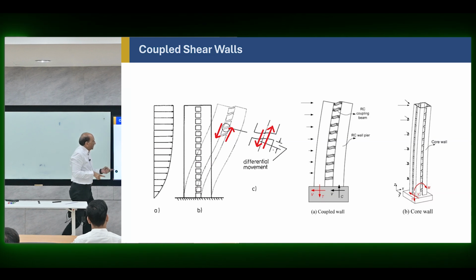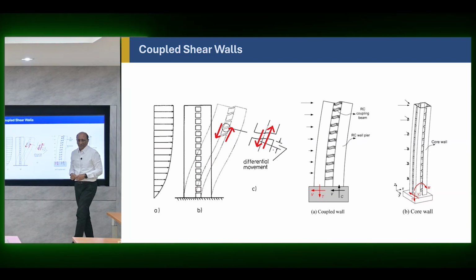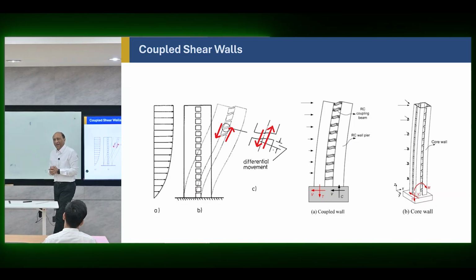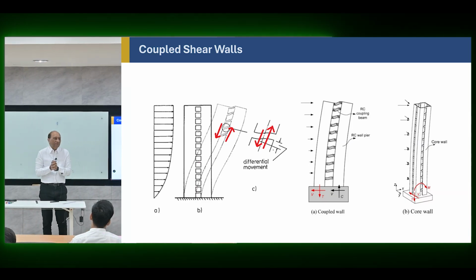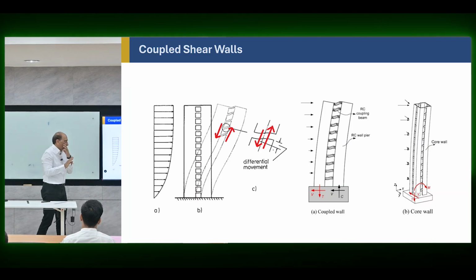So that means that this yielding or this cracking is inevitable in a coupling beam. You have to allow it, and you make use of that, so this becomes the nonlinear connection between the two parts, like a fuse. So they will be in a certain situation.